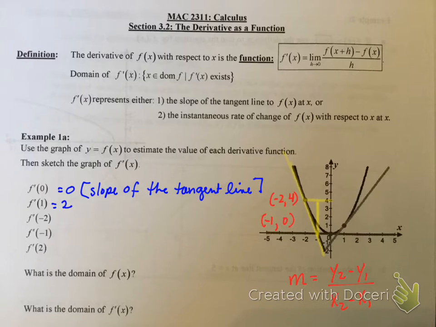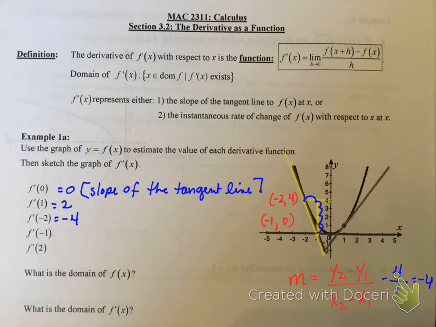Okay? So you can once again do rise over run. So if you do rise over run, I went up 1, 2, 3, 4 units and 1 to the left there. So I get 4 over -1 or -4. Okay? So I'm going to go ahead and put that in there. And once again, if you want to use y2 minus y1 over x2 minus x1, you can. I'm just using rise over run to figure out the information.